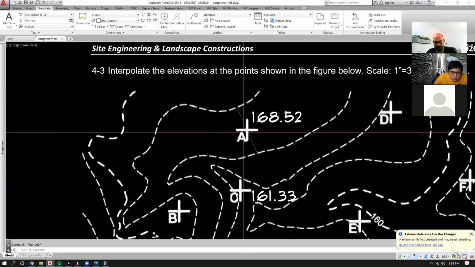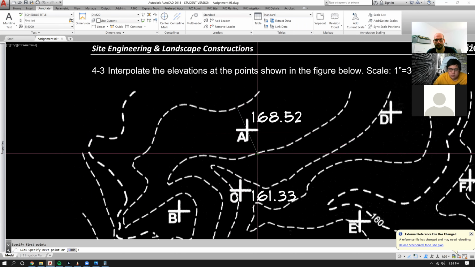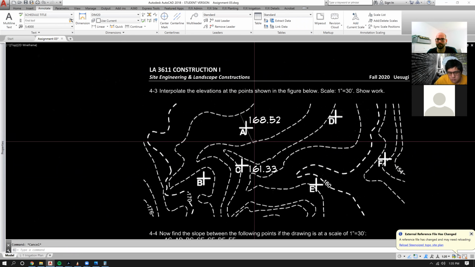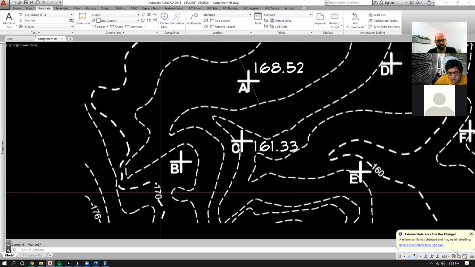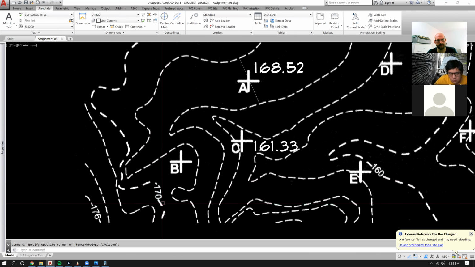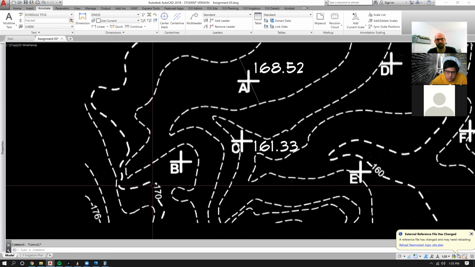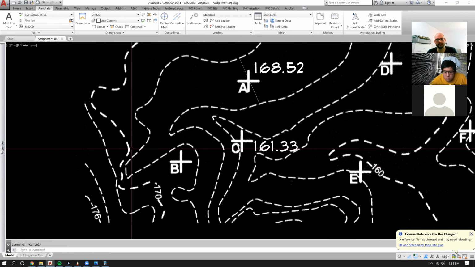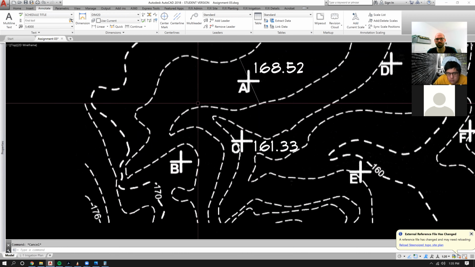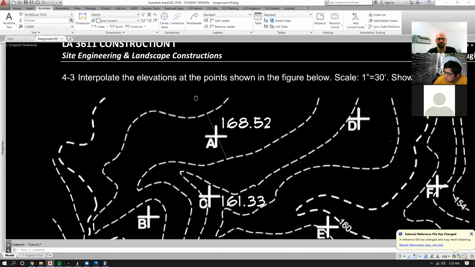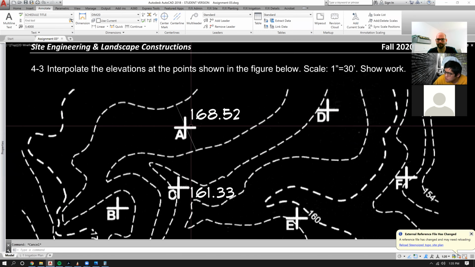And then you're also going to draw a line from the point itself to the lower contour. So you can see the numbers on these contour lines. It's 170 here, and we're going lower as we go down. So this is 170, this is 169, and this is 168. So our point A is between 169 and 168.